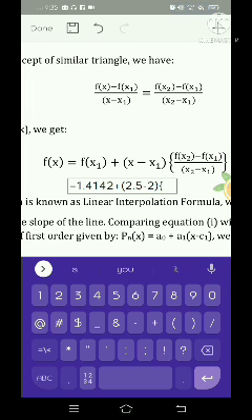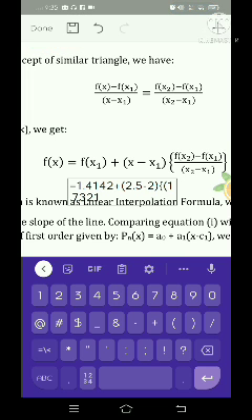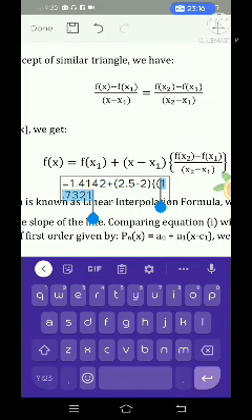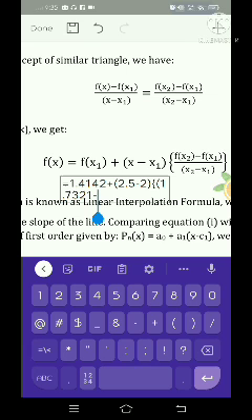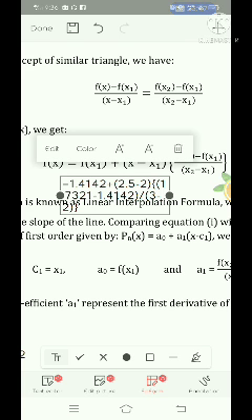And then we have the quantity fx2, make use of the grouping symbol, class. fx2 is 1.7321, and then minus our fx1 which is 1.4142, all over our x sub 2 is 3 and our x sub 1 is 2. Then, close bracket.